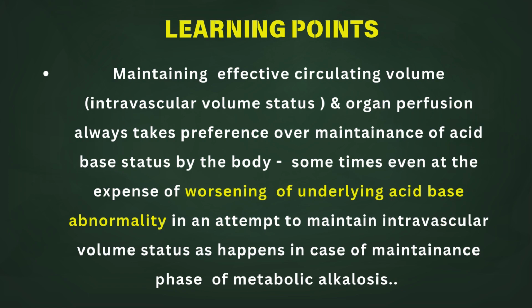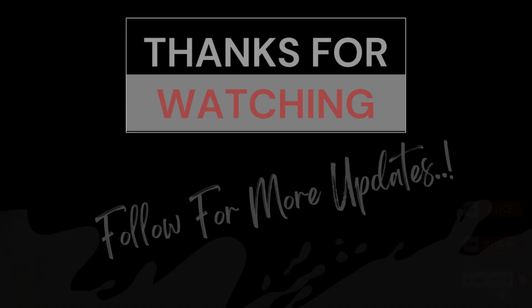We have seen this phenomenon in our case of IHPS, where despite metabolic alkalosis, the body is trying to focus more on restoring intravascular volume than to compensate for metabolic alkalosis or hypokalemia, ending up in worsening of both metabolic alkalosis and hypokalemia.